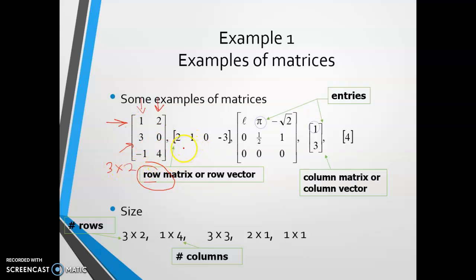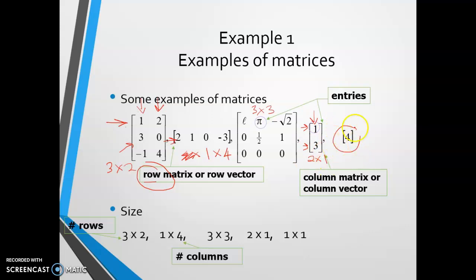This one 1 row, 1 by 4. How about this one? 1, 2, 3 equals what? Row and column. So 3 by 3. This one 1 row, second row, so 1 column. So 2 times 1, or 2 by 1.